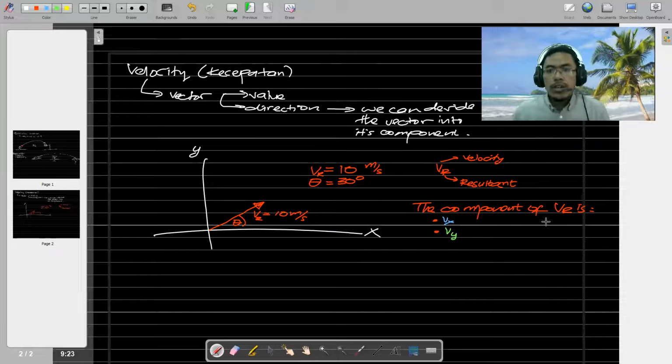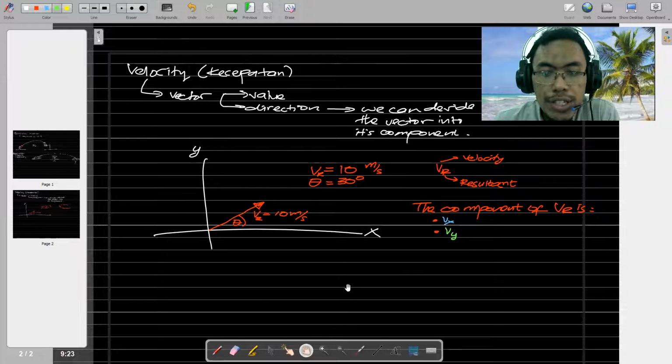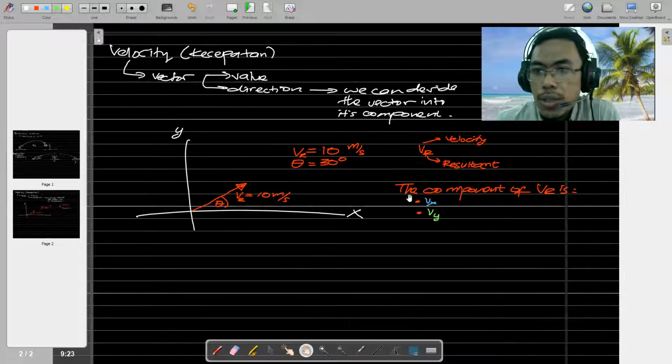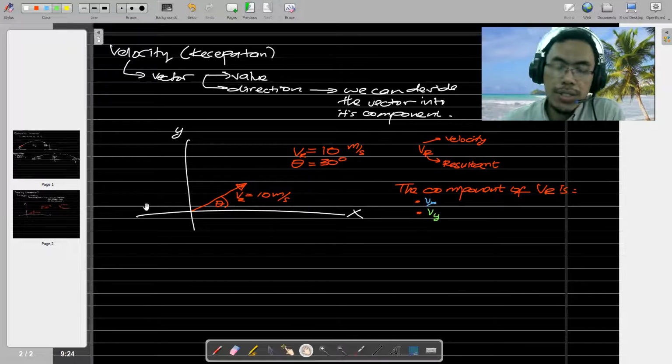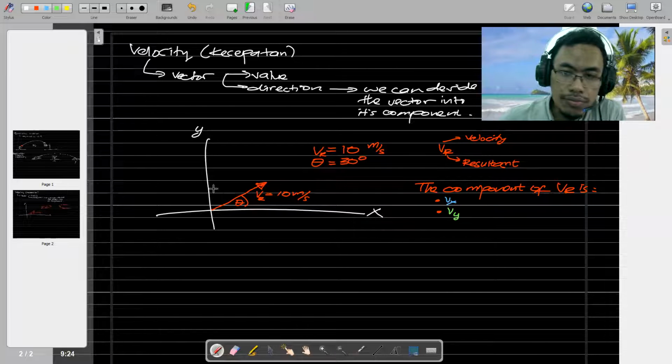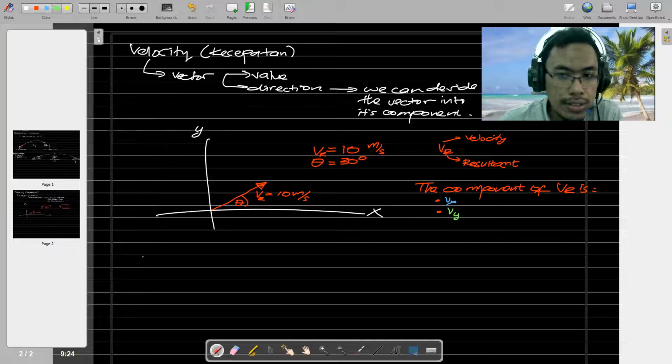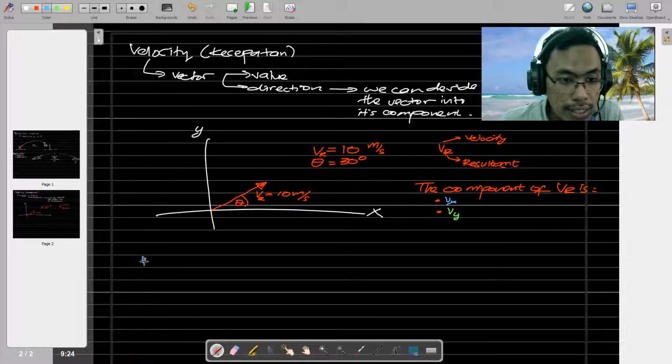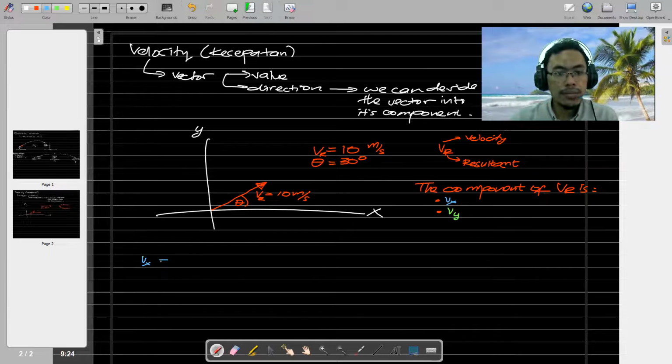Okay, now we are going to find the value of this component. The value of Vx, okay, let me change into blue. The value of Vx, the x component of VR, is VR.